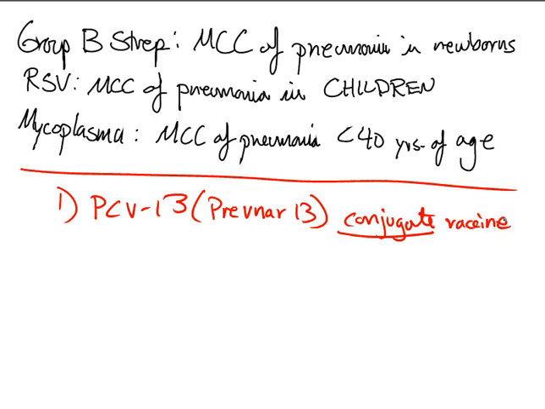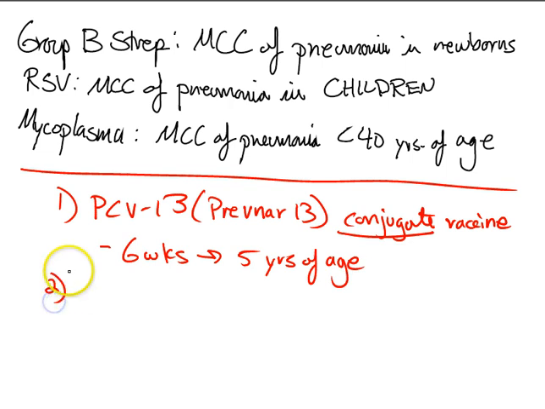Recommended in children 6 weeks to 5 years of age. Number two, we have the PPSV23, which is the Pneumovax.